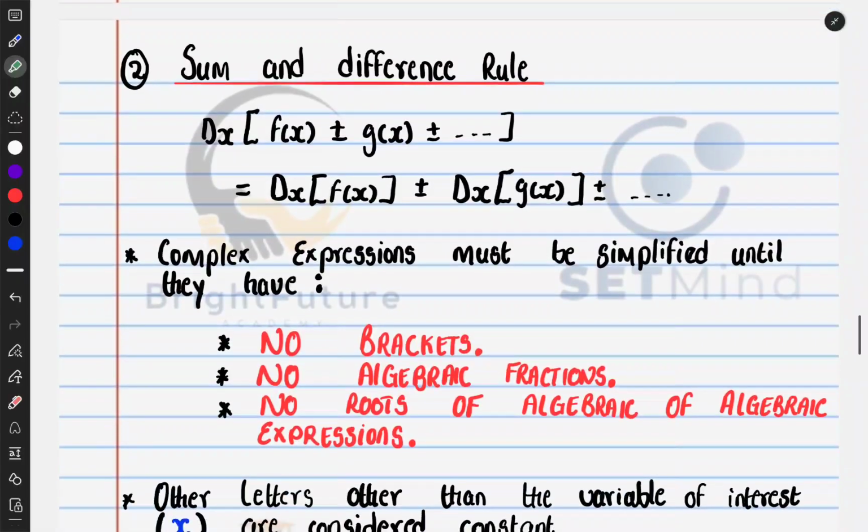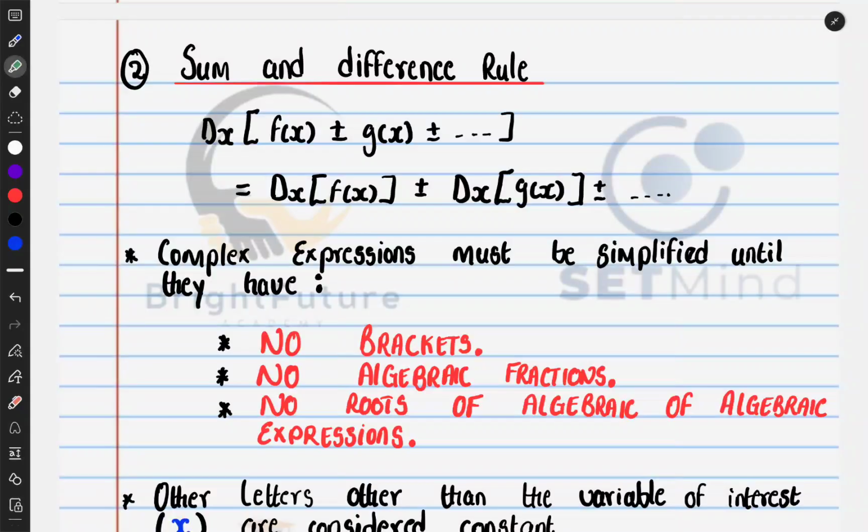And then rule number 2 is the sum and difference rule. Let's say you are differentiating an expression, or multiple expressions. Basically, you're going to differentiate each expression individually.